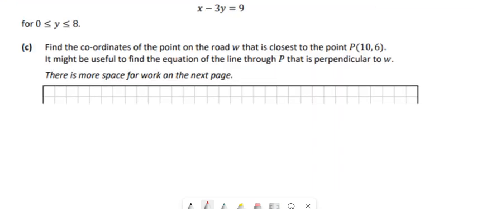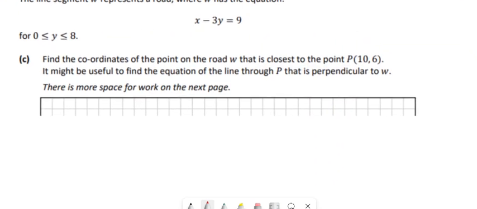So to get that red line, because it's perpendicular, we're going to get the slope of it first, and then we're going to flip it over and change the sign. So the slope of the line W, I'm going to rearrange that equation a little bit. So minus 3y is equal to minus x plus 9.